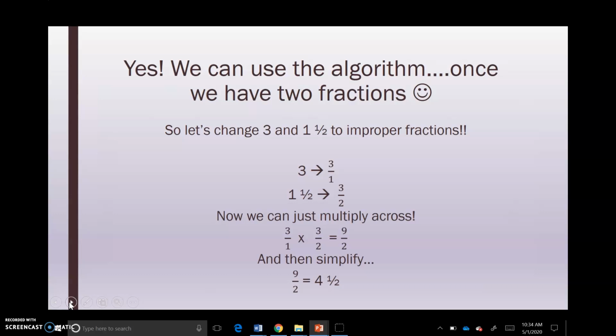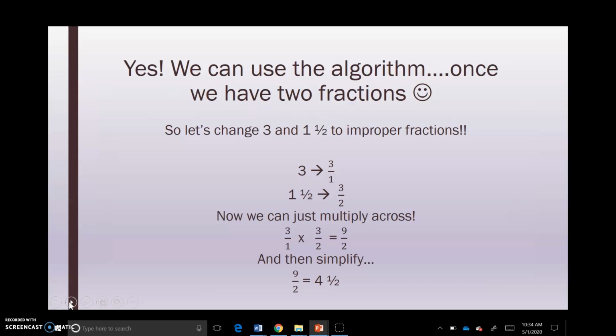And we talked about whole numbers last week, how whole numbers can all be improper fractions by placing a 1 as the denominator, because a 3 is really 3 wholes, 3 out of 1, 3 full groups.